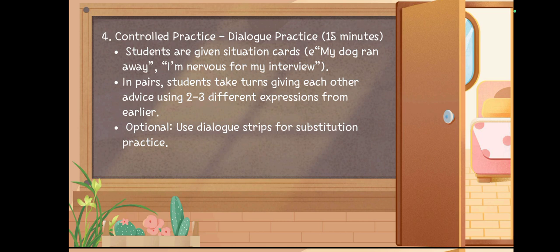There is an optional thing that also needs to be considered: to use dialogue strips for substitution practice. If any of you are unaware of dialogue strips, you can also use dialogue strips for substitution practice. Essentially, each pair will be given an imaginary problem to solve and give advice for.